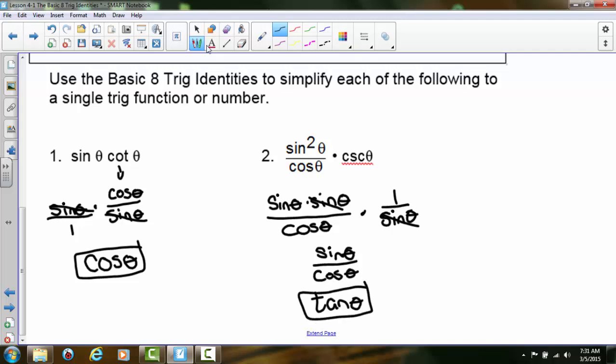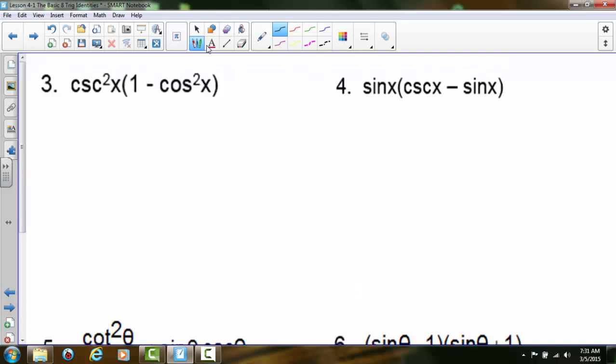All right, let's look at some more. Okay, so we have cosecant squared x times 1 minus cosecant squared x. I'm thinking that's probably those 3 identities over on the side, the last ones we wrote down. The sine squared theta plus cosine squared theta equals 1 and all that. So I'm thinking that's probably something I want to use. I know that 1 minus cosine squared x is equal to sine squared.